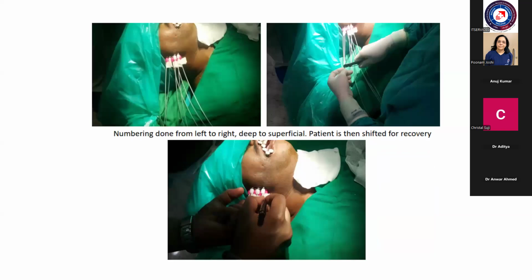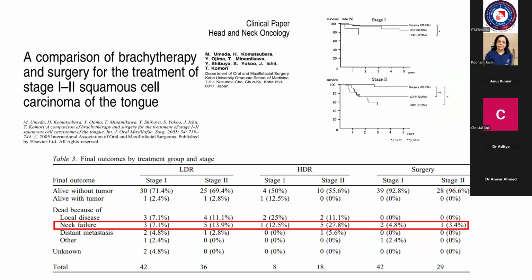So, a comparison of brachytherapy versus surgery for treatment of stage 1 to 2 squamous cell carcinoma of the tongue: like we already know, there is no level 1 evidence that we have in this setting. Most of the studies that we have are prospective studies, which may be single arm studies. In this study, patients were divided as per LDR, which I already described, HDR, and surgery. The rate of neck failure is the matter of concern when we treat patients of tongue cancers with brachytherapy.